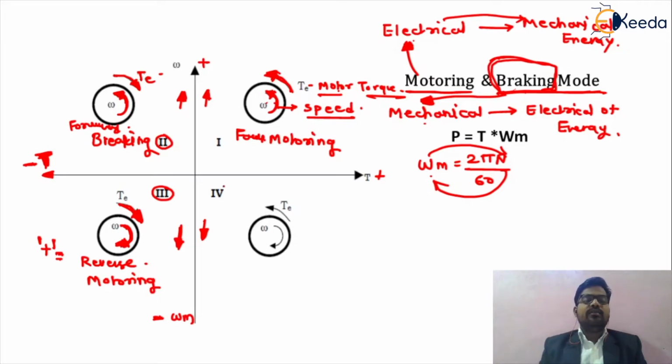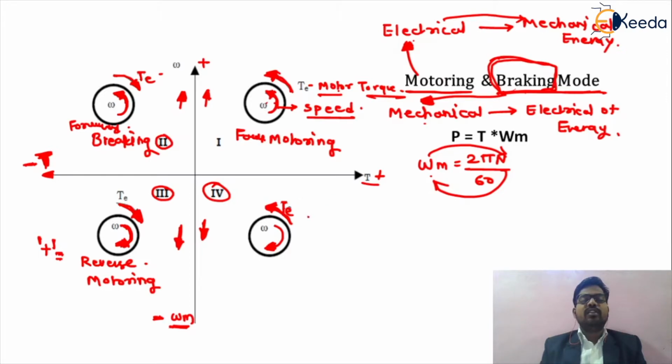And in the fourth quadrant of operation, the direction of speed is the same as in the third, that is clockwise, so it is in the reverse direction, but the direction of the torque is now reversed. The speed direction is negative but the torque direction is positive, so the motor torque is opposite to the speed.